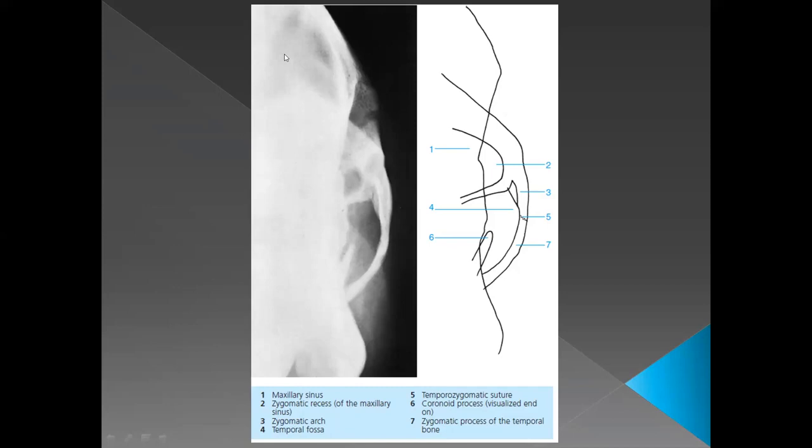Yes, you have to use both for interpreting a Waters view. You have to use Dolan lines, and you have to use the Campbell lines. So yes, you have to use both when you're interpreting such an X-ray. All right.